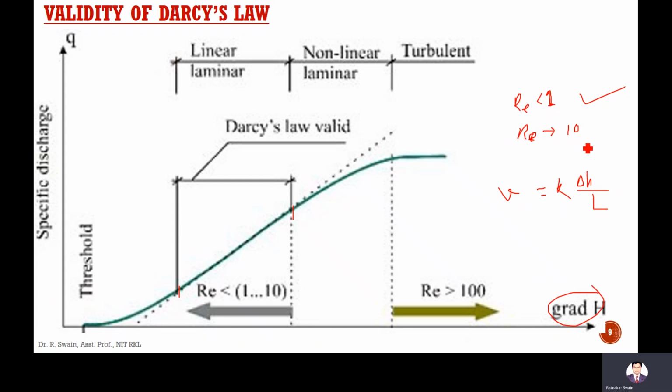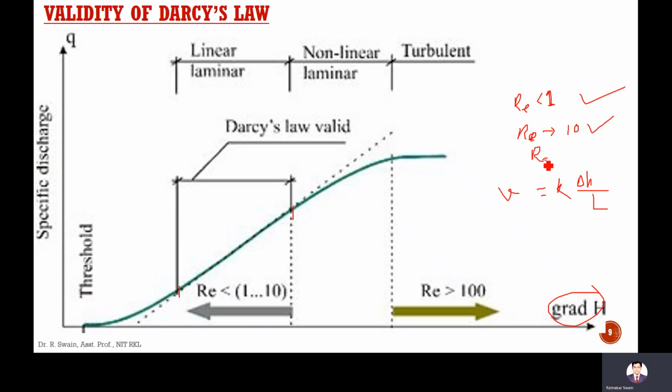The condition is that the flow must be laminar. If the flow is not laminar, it becomes turbulent after a Reynolds number of about 5, so after that we cannot apply Darcy's law. Darcy's law can be applied up to a Reynolds number of 10 if the flow is laminar.